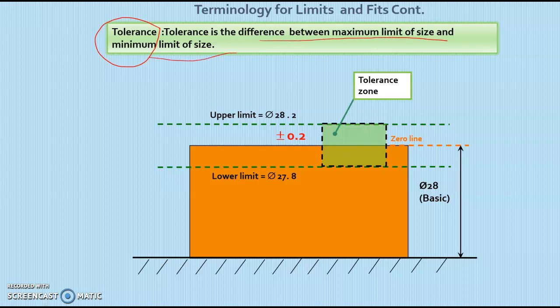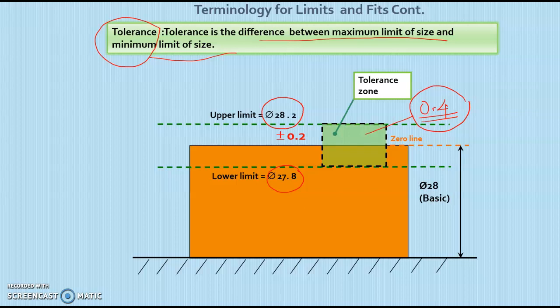In this example, the minimum limit of size is 27.8 and the maximum limit of size is 28.2, and the difference is 0.4. So the tolerance is 0.4.